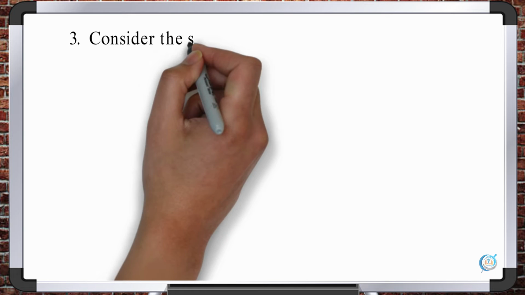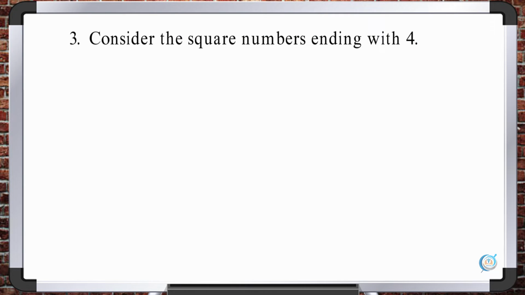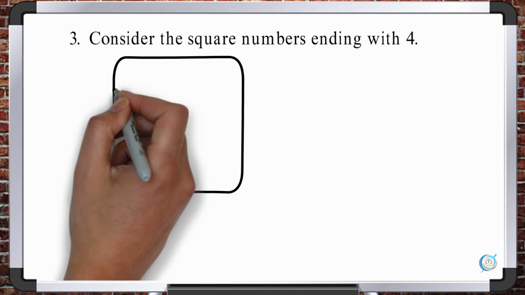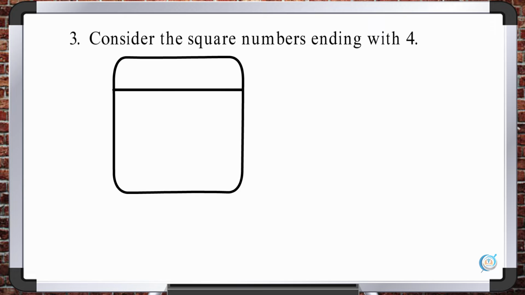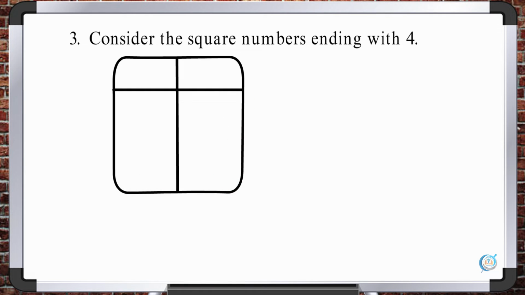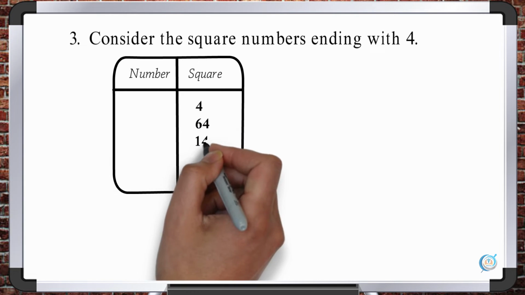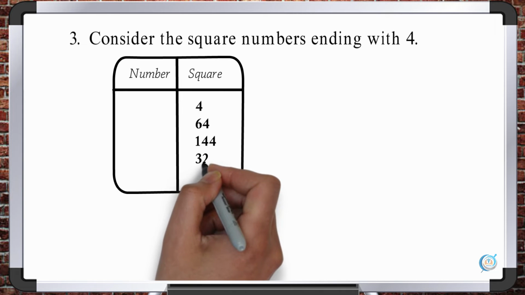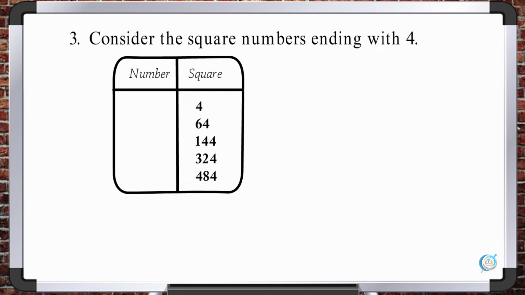Consider the square numbers ending with 4. From the previous table we can say that the square numbers 4, 64, 144, 324 and 484 end with 4.